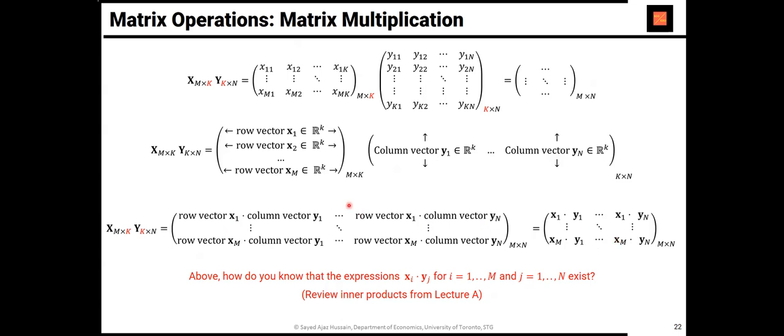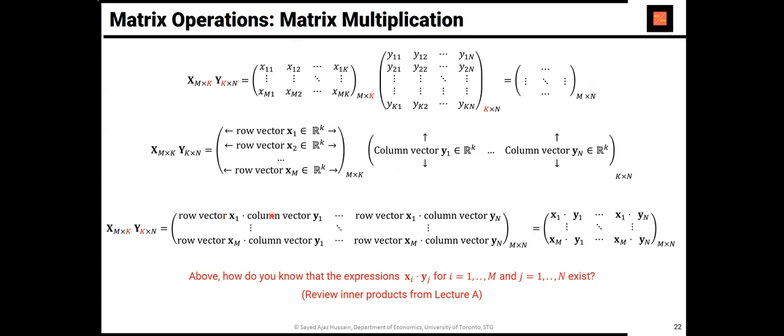And now you want to be a little bit careful. How do I know that I can do this? Don't I need to remember something from lecture A? Can I just take any vector x and inner product any vector y? Well, no, you can only do inner products if the number of elements in x is the same as the number of elements in y.